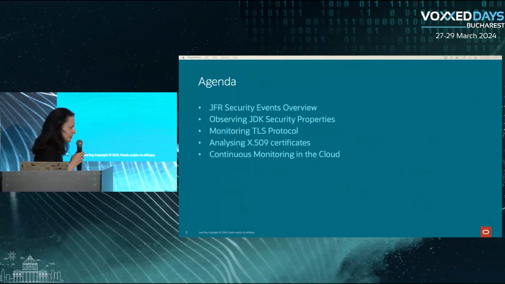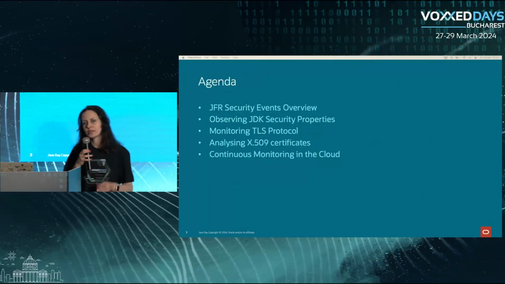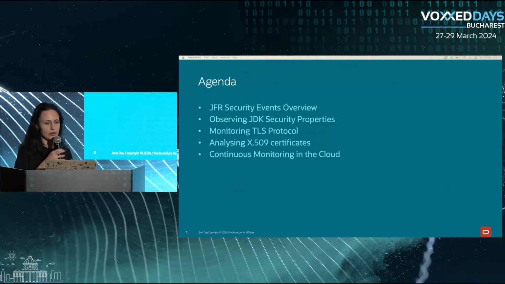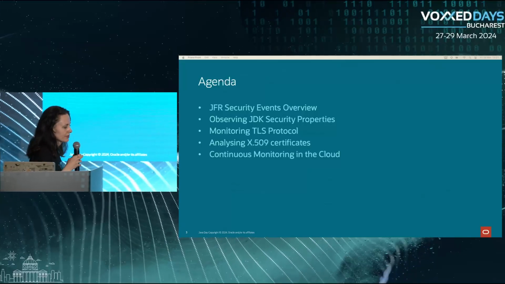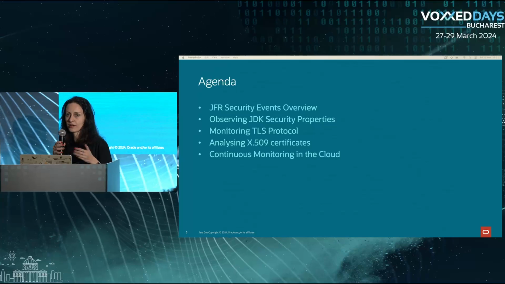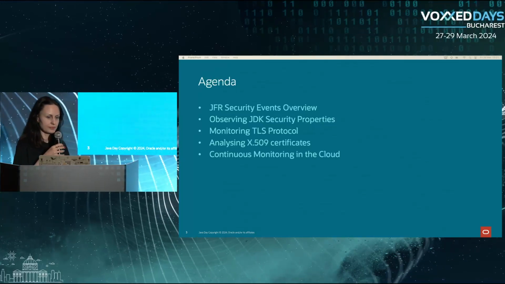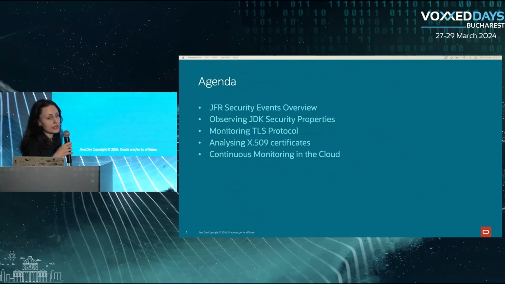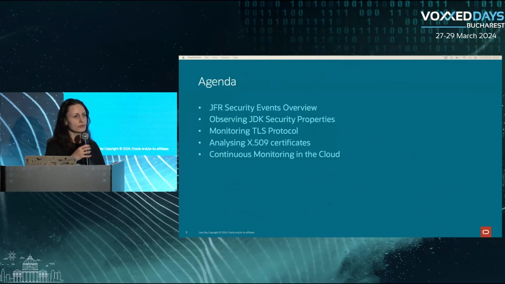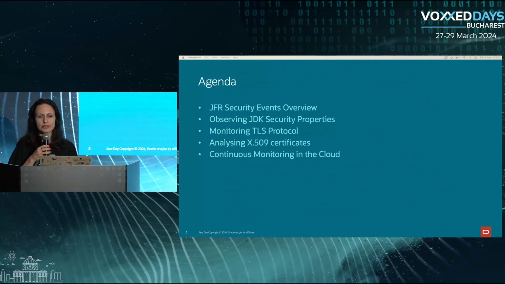So let's dive into the agenda of today. First of all, we're going to look at the security events overview. So look at what JFR events are, and what is specific to JFR security events. How many are they, how are they named, and so on. Then we're going to look into how we can observe JDK security properties. What do we have at hand to do that, and maybe why do we want to do that?